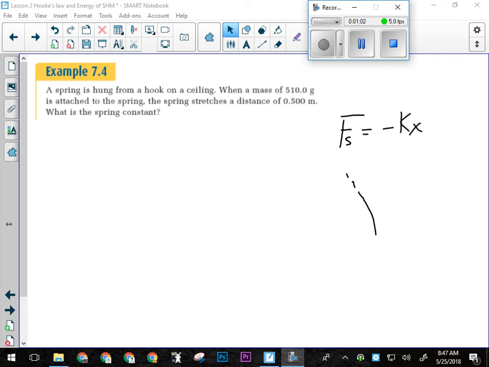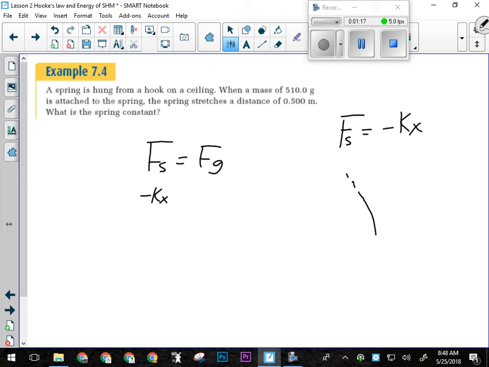The spring. Okay. So what we have to say is Hooke's law, the force in the spring, or the restoring force, is equal to, in this case, the force of gravity. So we can say that we have negative k times x equals m times g, because they would add up to 0.